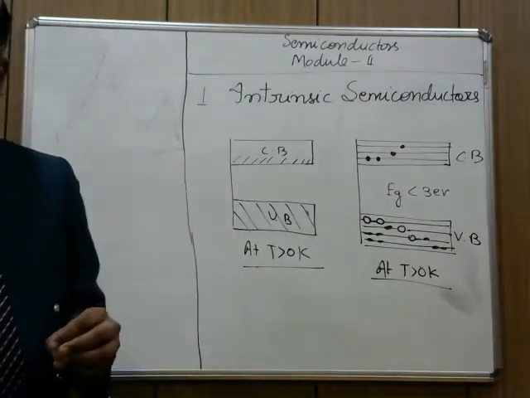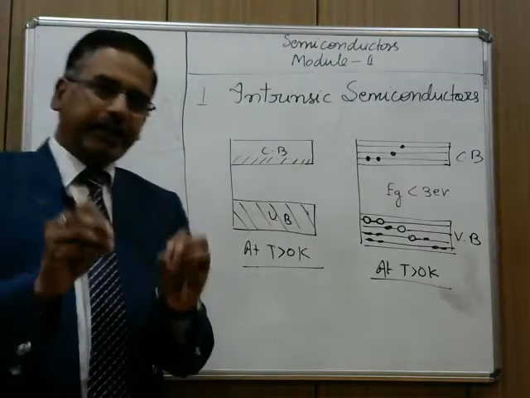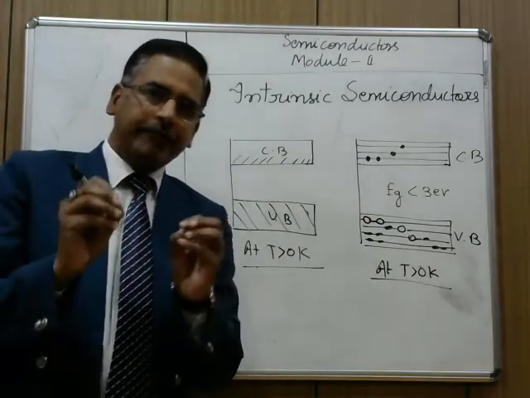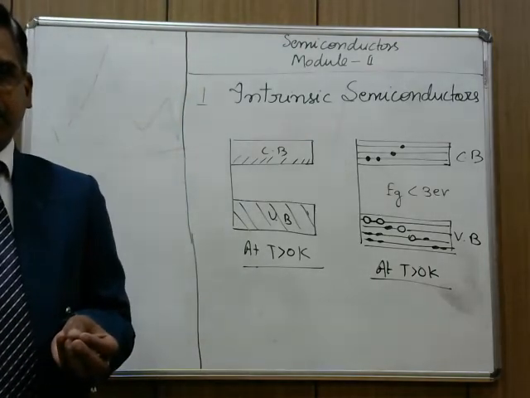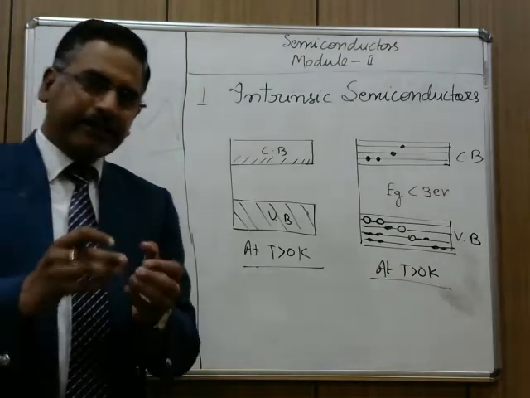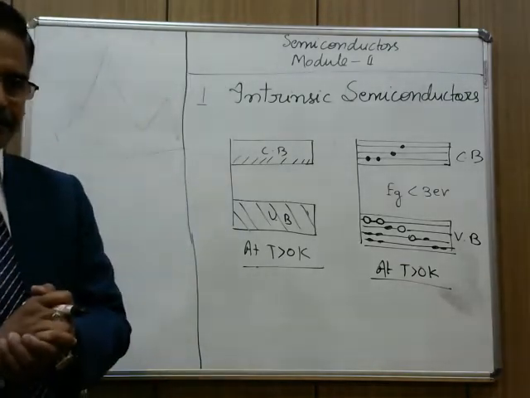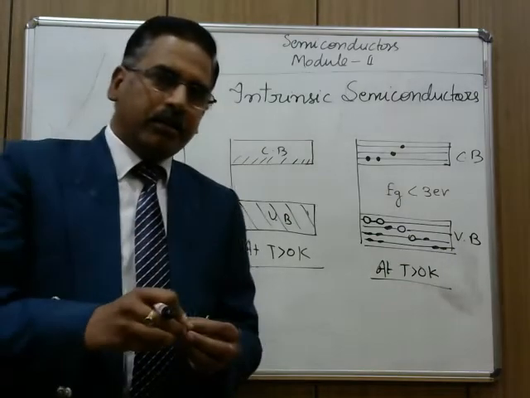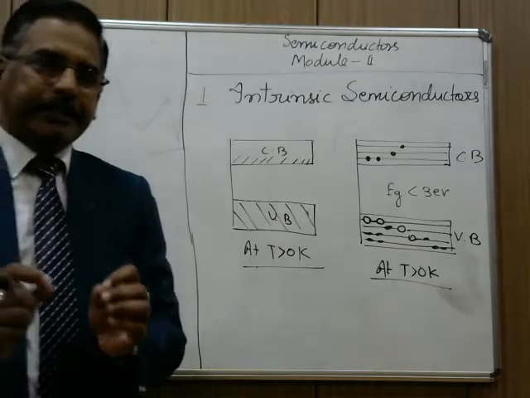Now, as I told you, the conductivity of an intrinsic semiconductor is very, very small. It is of no practical use. So in order to increase the conductivity of a pure semiconductor, we need to add some impurity so that its conductivity can be increased.